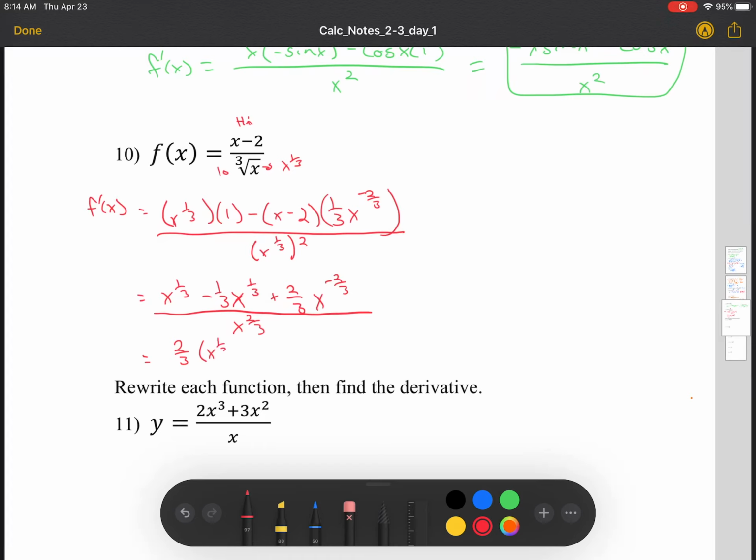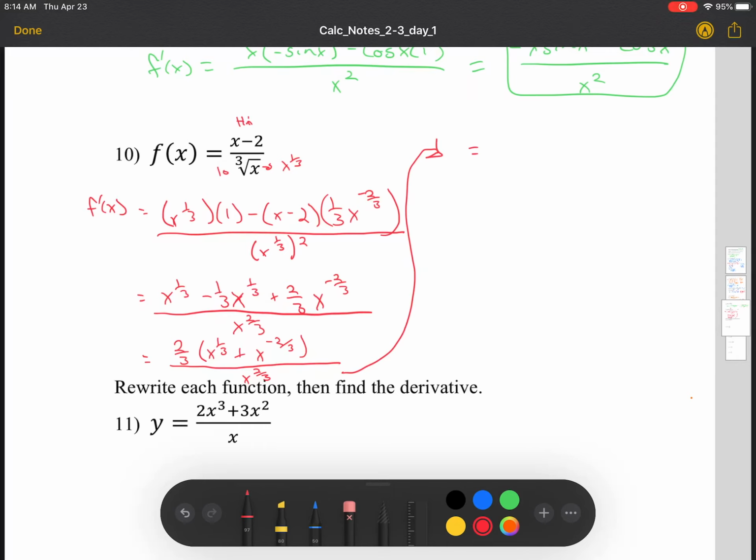Let's try to squeeze another line in here. We got 2/3 x to the 1/3 plus x to the negative 2/3 all over x to the 2/3.